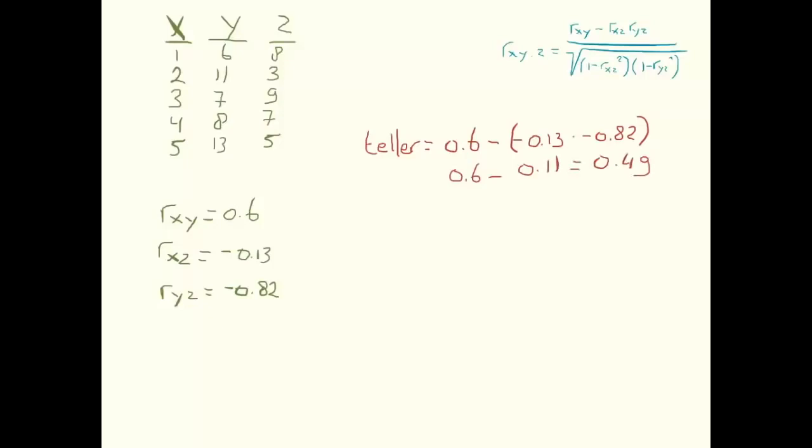Now we're going to calculate the denominator. And this is equal to the square root of 1 minus the correlation between x and z squared multiplied by 1 minus the correlation between y and z squared.